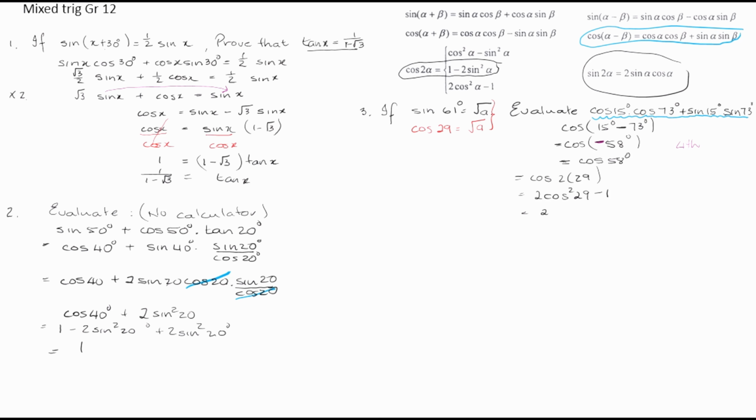We can put in root A minus 1, and that is squared, so your final answer is 2A minus 1. So that one is actually very nice. Just watch what I did up here in red, please, and also watch this fourth quadrant angle. If you don't like that method, add a whole revolution onto the negative and go and work with your cast diagram.